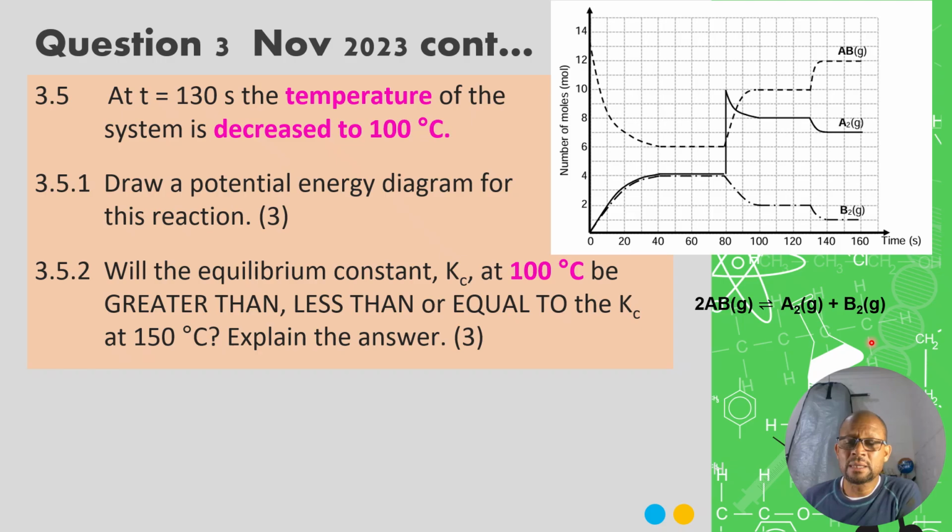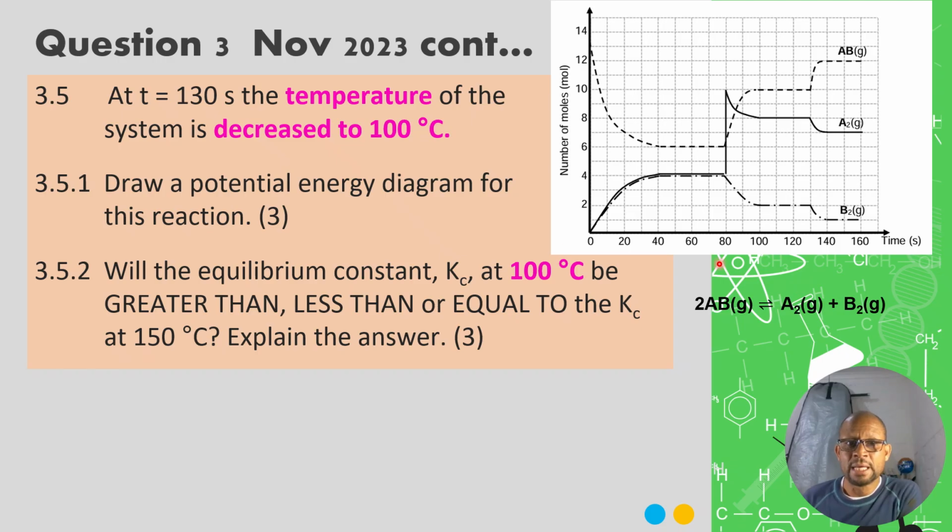So that tells me that the reverse reaction was favored by a decrease in temperature. So the reverse reaction must be exothermic. And then the forward reaction will be the opposite, will be endothermic.